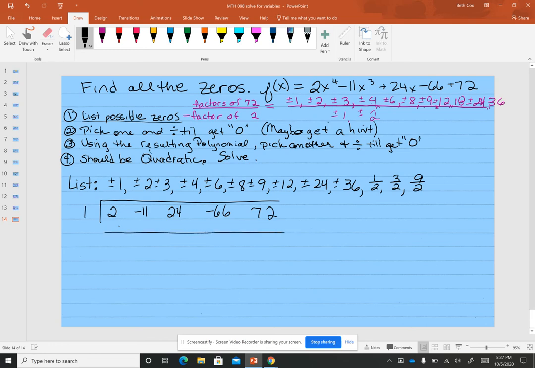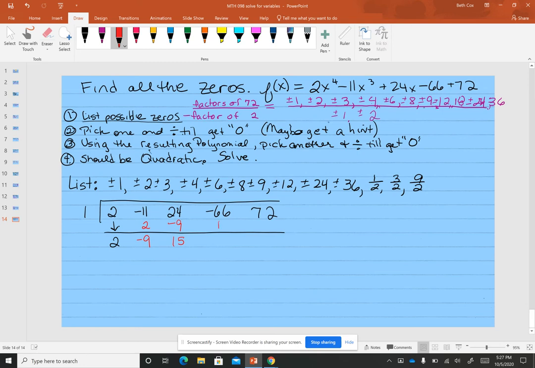I'm going to start with 1, and we're just going to go with synthetic division with 1 and see if it works. If it does, great. If it doesn't, we'll pick another number. So here we go. So 1 times 2 is 2, so that's going to give me negative 9, and that's going to give me, I think, 15, right? Yes.